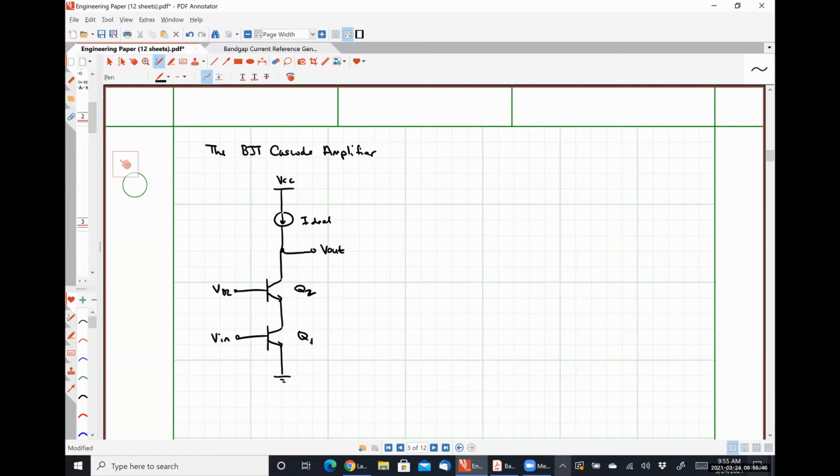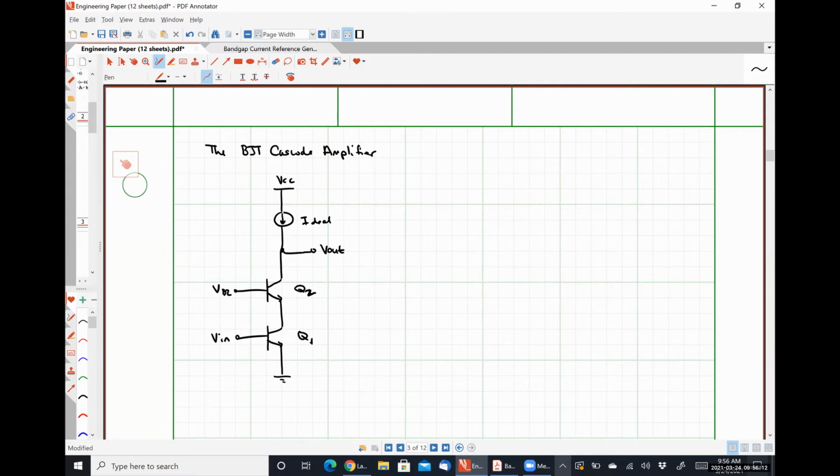So we could interpret this in a couple of different ways. The first, since we're applying the input at the base and taking the output at a collector, it's probably most easily compared to a common emitter amplifier with just another transistor thrown in there doing something, okay?